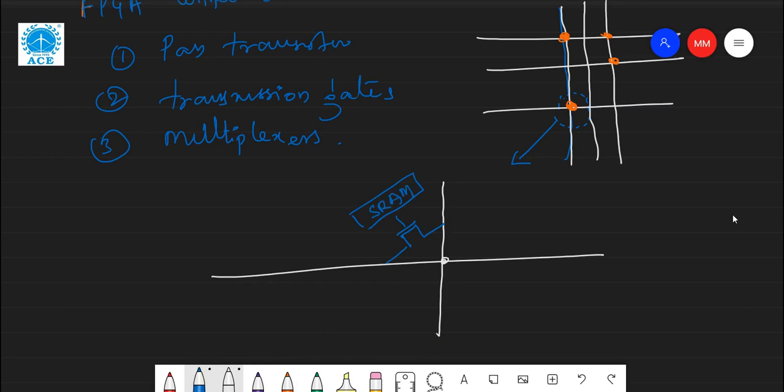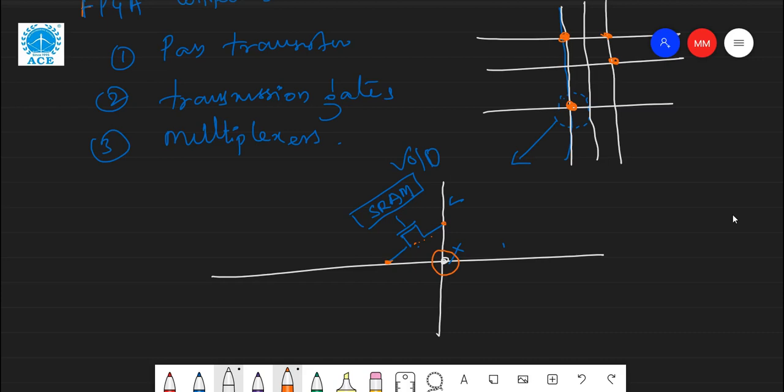In this case, if the SRAM cell is 1 or 0, when it is 0, this is an open circuit, which means it is not connected, between the vertical and horizontal interconnects. If it is 1, then it is connected, the pass transistor passes the values from here to here, therefore this is a connection. Like this, the interconnect connections in the FPGA are programmed.